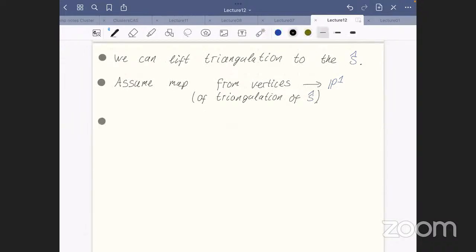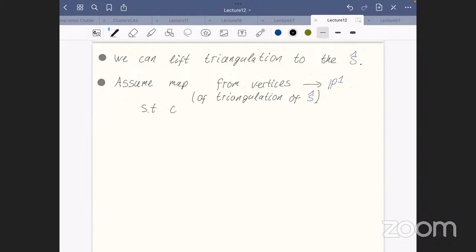Then we can, and such that. Okay, let me say from the beginning what is the condition.